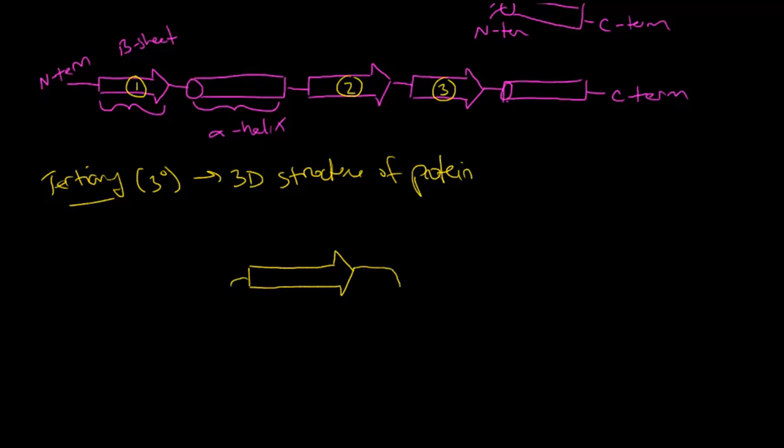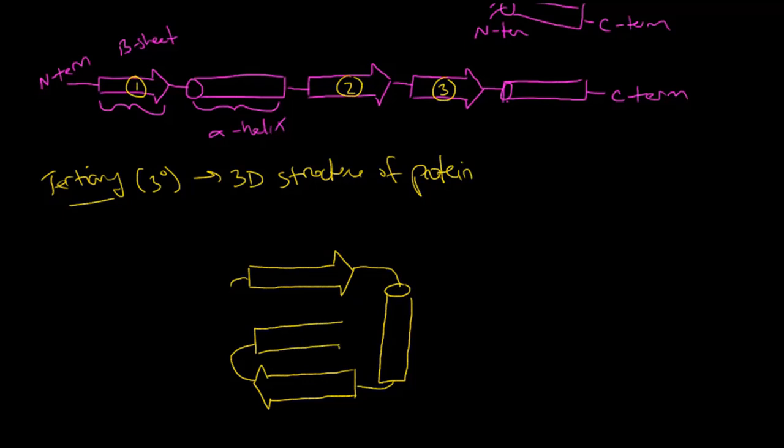I'm going to make a curve here. We then have an alpha helix, and then we transition into the second beta sheet, and then we transition into the third, and then finally we would go on to our last helix here, which maybe ends up pointing this way. And then off to our C terminus.